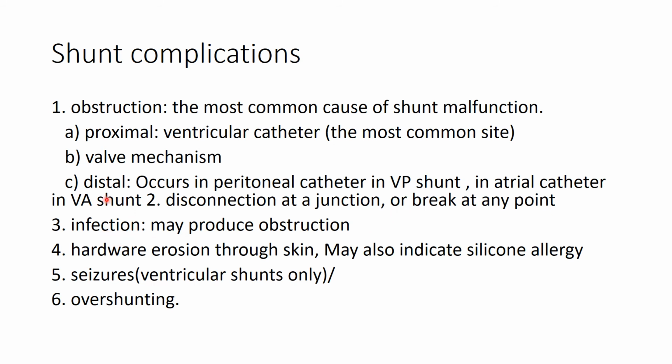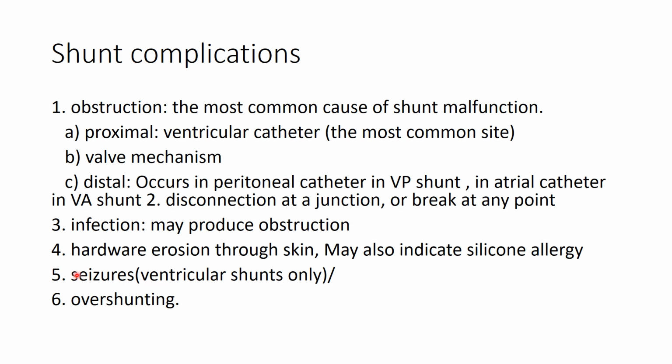Third problem is infection and other rare problems. For example, the patient might have allergy from the silicone, which constitutes the major material of making the shunt. So there will be inflammation around the area of the surgery, redness, and sometimes erosion through the skin.